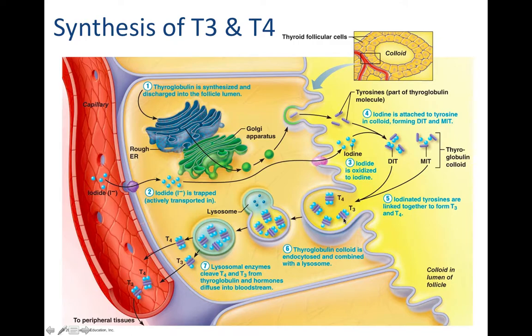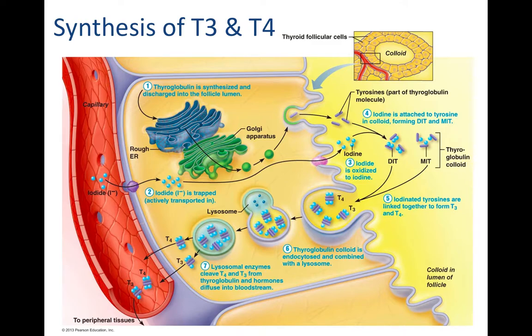The other thyroid hormone that you can make is T4, and the 4 is for 4 iodines that are attached to your tyrosines. And so it is sometimes called tetraiodothyronine, meaning 4, but the much more common name is thyroxine. So T4 is thyroxine, and T3 is triiodothyronine.